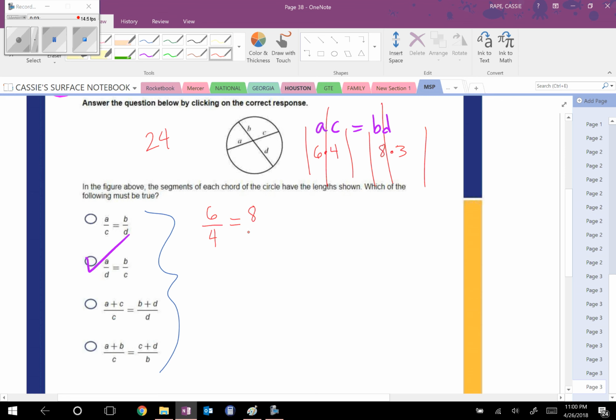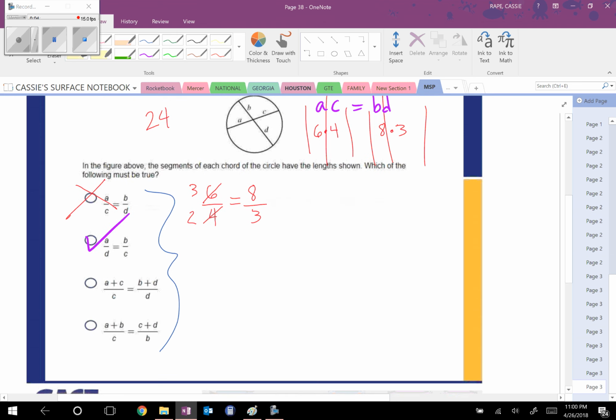Well, is it true that 6 over 4 is equal to 8 thirds? Well, no, because 6 fourths is the same as 3 halves. 3 halves is definitely not the same as 8 thirds. So that rules that out. So you can see that choosing numbers can help you to rule out incorrect answers.